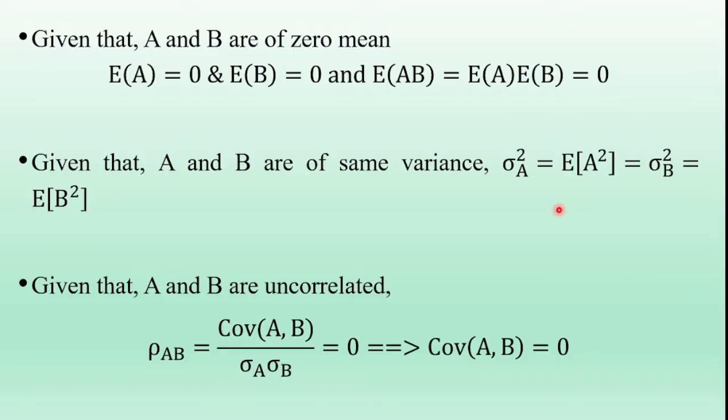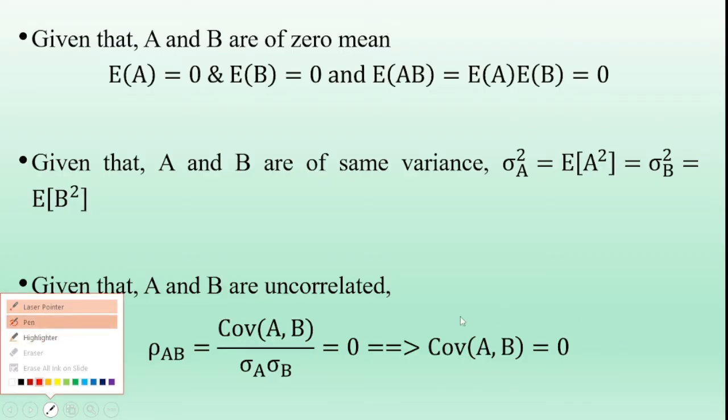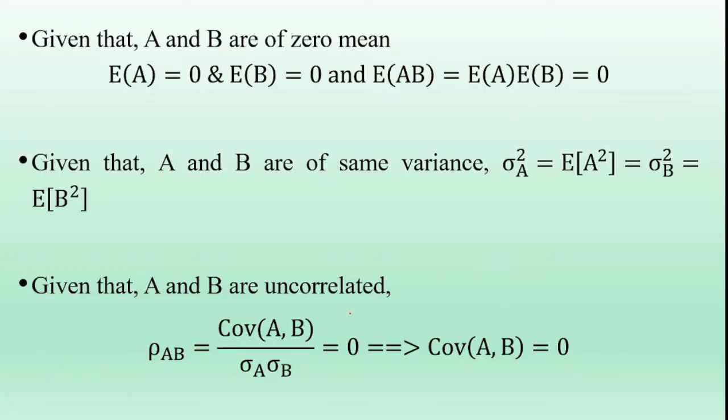This is the equation of the correlation coefficient: covariance of A comma B divided by sigma A sigma B. But we know that covariance of A comma B is equal to expectation of AB minus expectation of A into expectation of B. So this is the equation of covariance of A comma B.